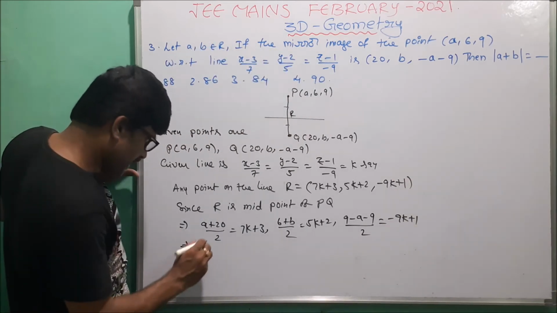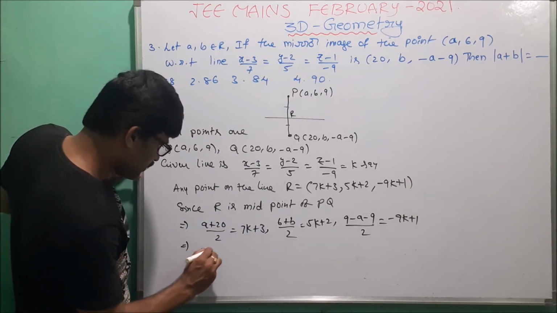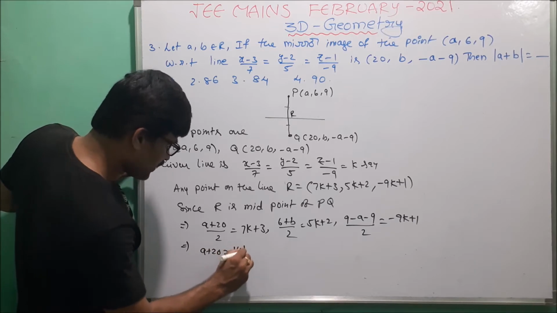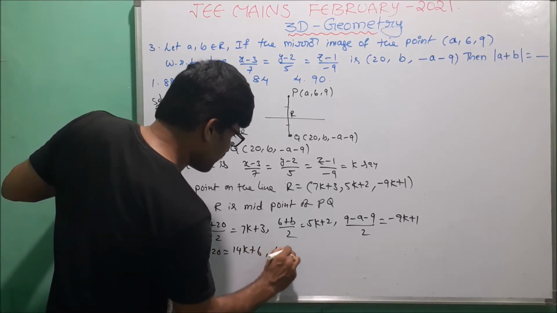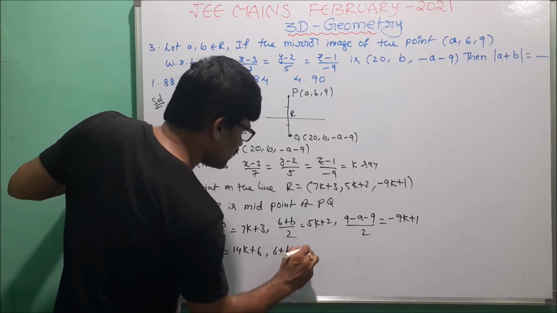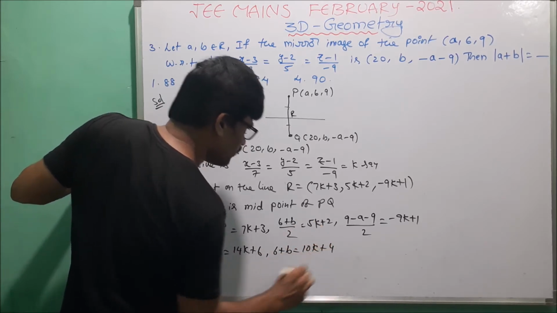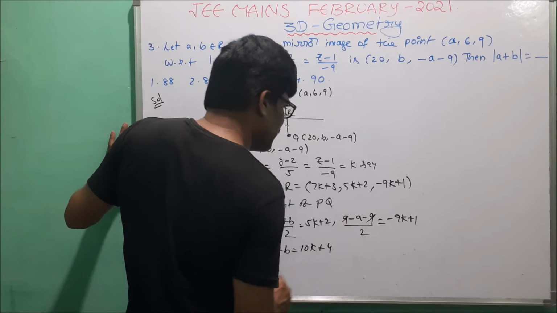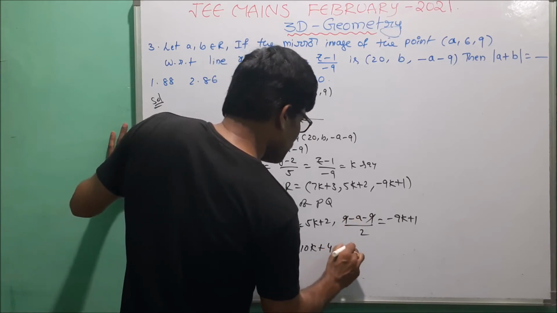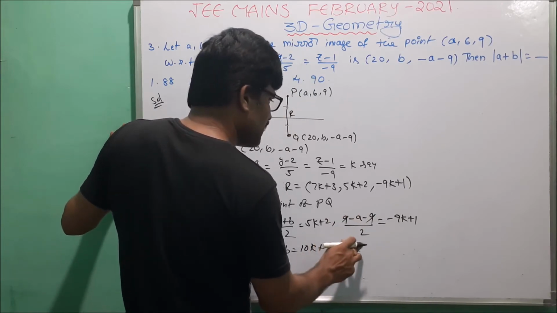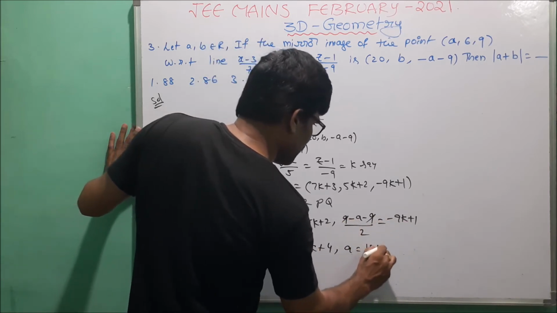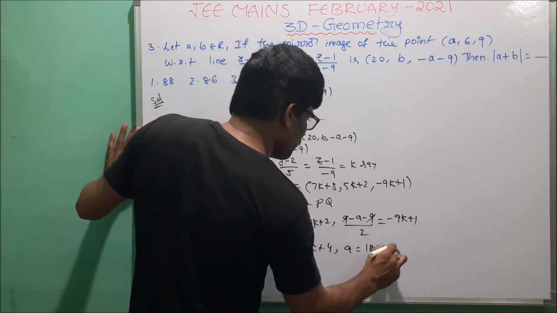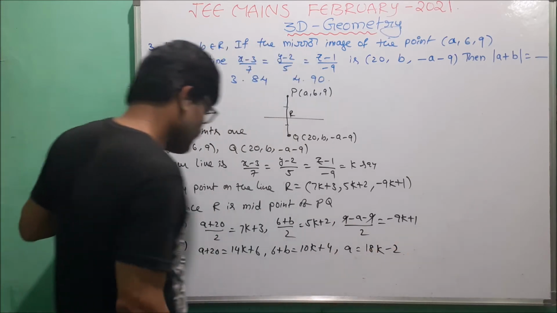Now in that we write a plus 20 equal to 14k plus 6. Here also 6 plus b equal to 10k plus 4. Here 9 cancels. Multiplying with minus 2, a equals 18k minus 2.